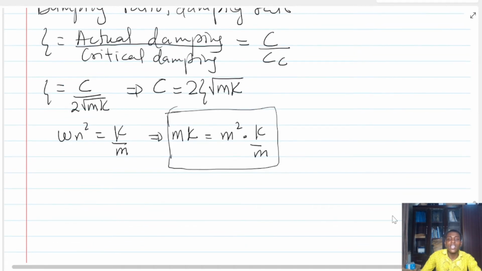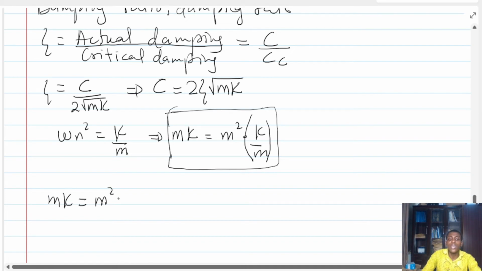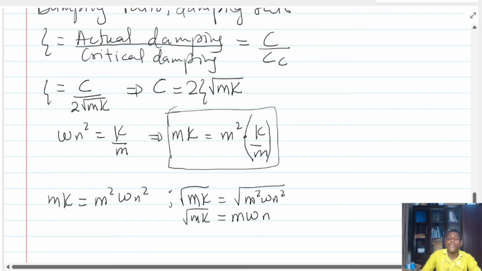And if that is the case, we know that k over m is omega n squared. Therefore, m multiplied by k is the same as m squared omega n squared. Therefore, the square root of mk is the same as the square root of m squared omega n squared, which is m multiplied by omega n.